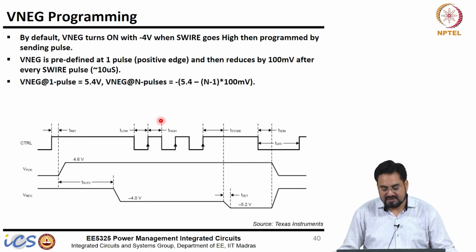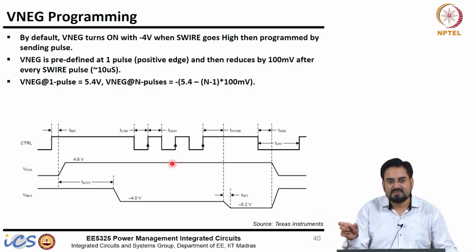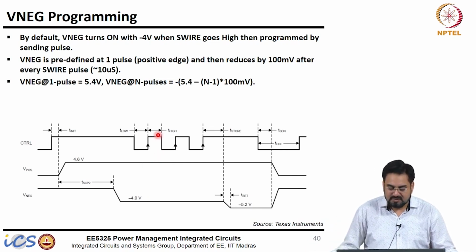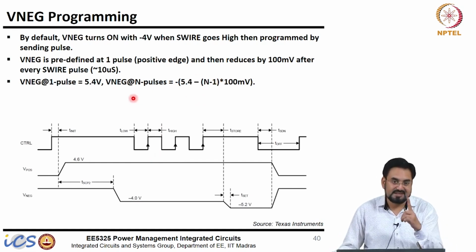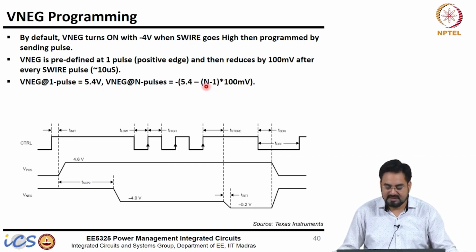And then after that every pulse that comes will reduce it by 100 millivolts. So the number of pulses is always counted from the single pulse reference. We know one pulse is minus 4 volt. If I send 2 pulses, then it will be reduced by 100 millivolts, so you will get minus 5.3.